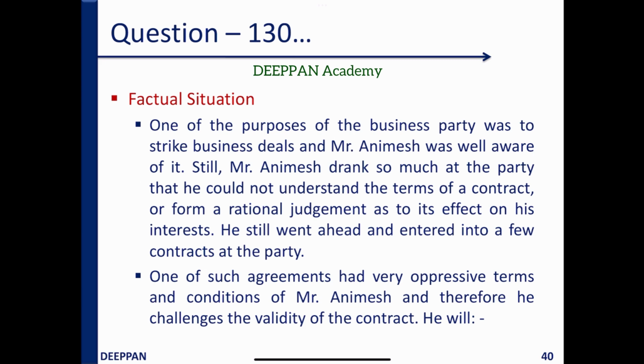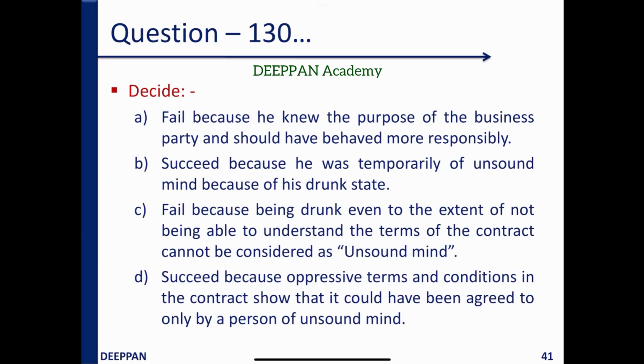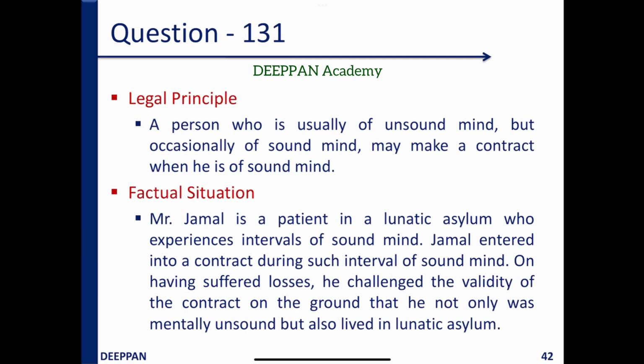He still went ahead and entered into a few contracts at the party. One of such agreements had very oppressive terms and conditions for Mr. Animesh, and therefore he challenges the validity of the contract. He will succeed because he was temporarily of unsound mind because of his drunk state.